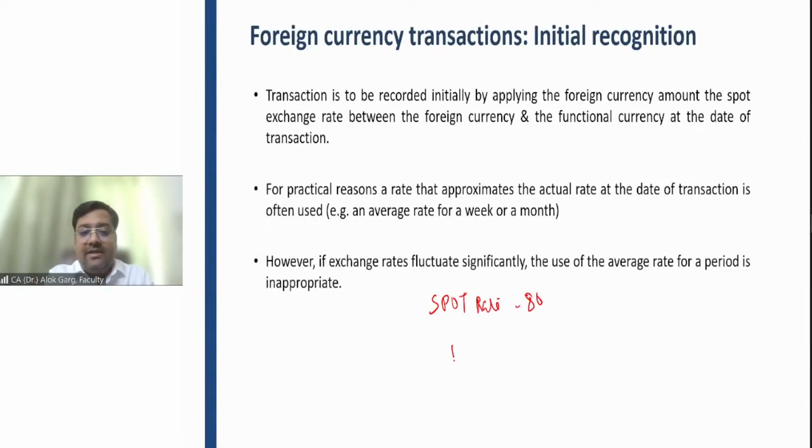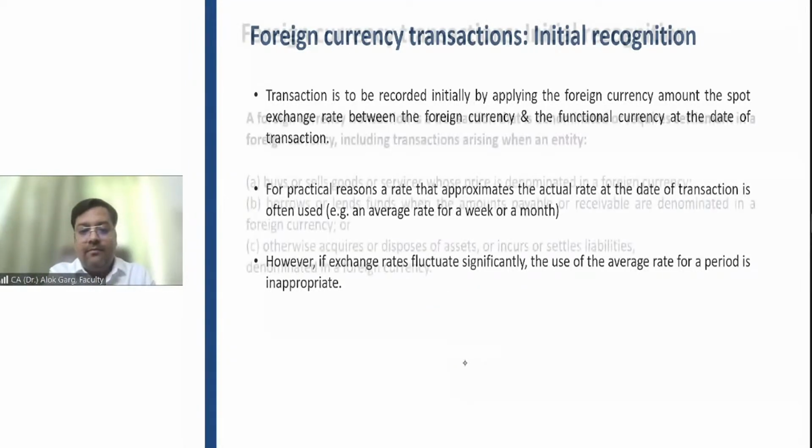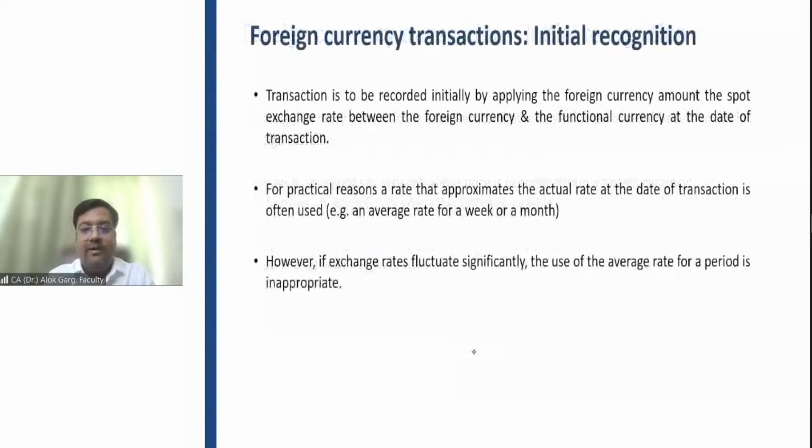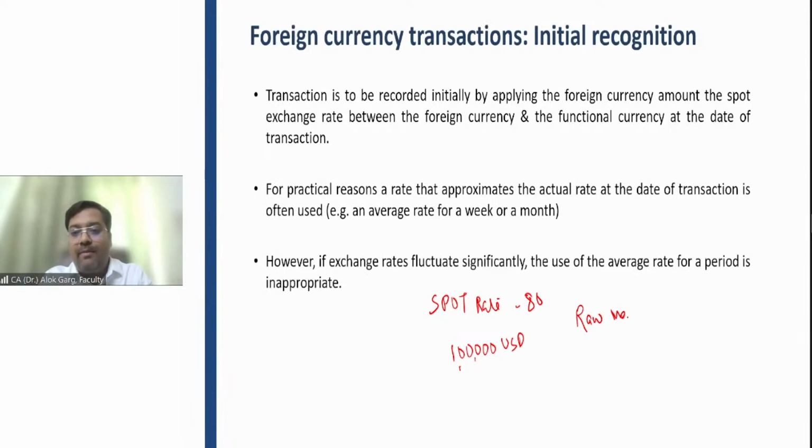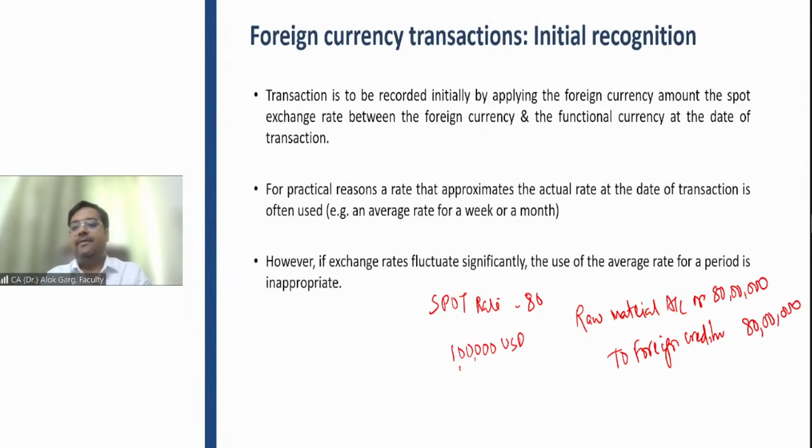What is the value of the transaction? It is 1 lakh US dollar. So what accounting entry do I need to pass? Raw material account debit to foreign creditor account, and the value will be 80 lakh rupees: 80 lakh debit, 80 lakh credit.